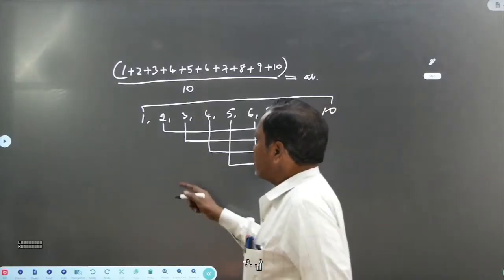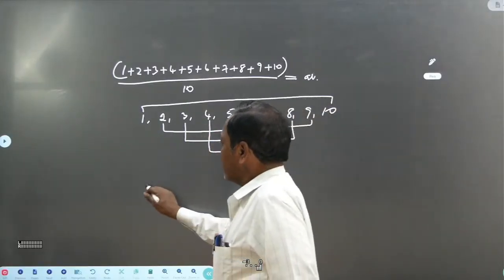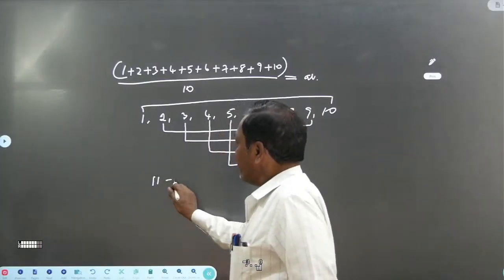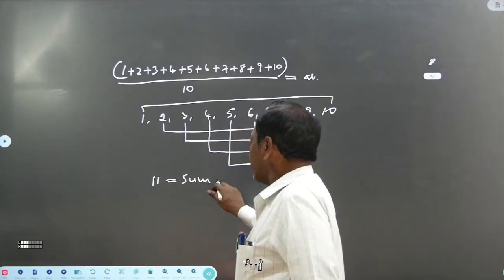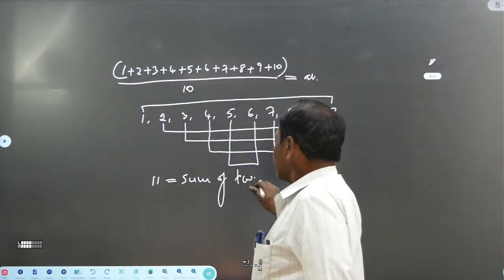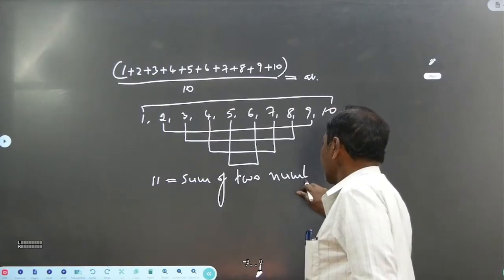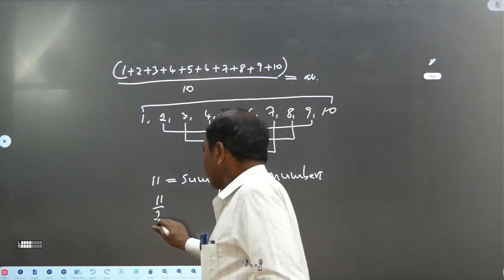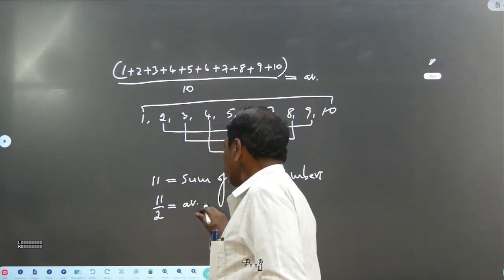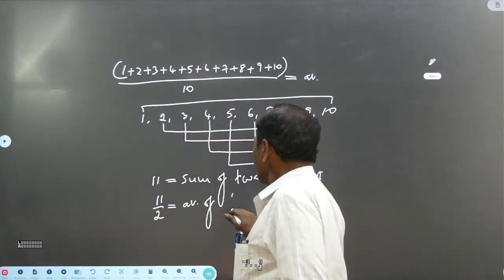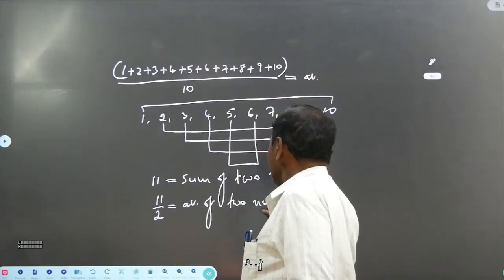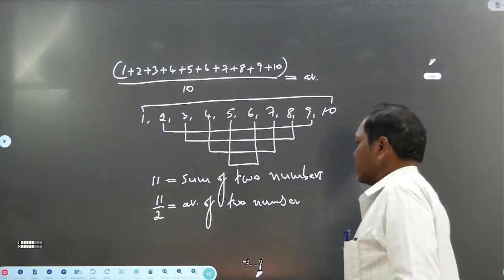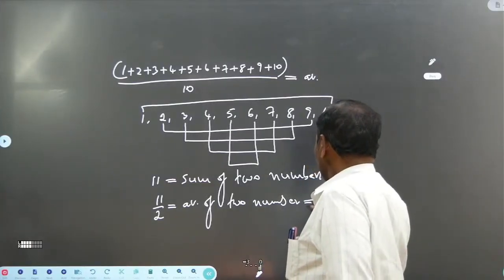So with natural numbers it will always be like that. This 11 is the sum of two numbers. What is the average of two numbers? 11 by 2, that is 5.5.